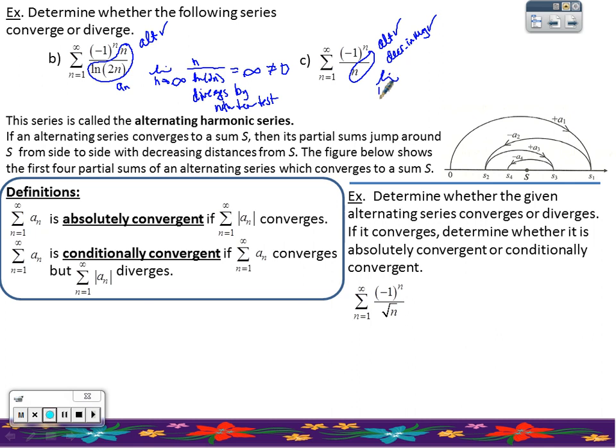So the limit as n goes to infinity of 1 over n, this tends to 0. So that checks out. So therefore, this series converges by the alternating series test. Okay, so it converges by alternating series test.